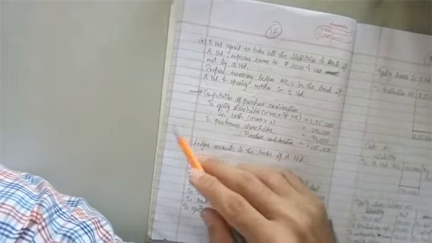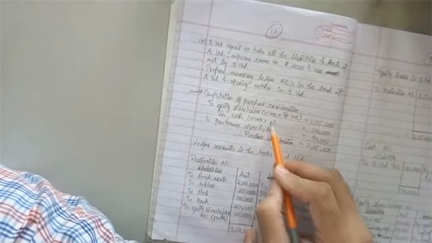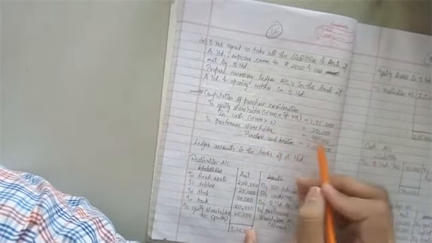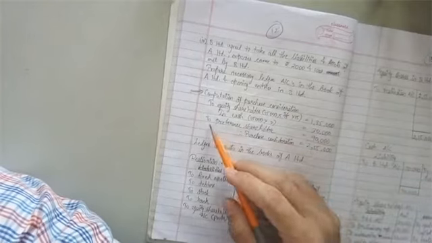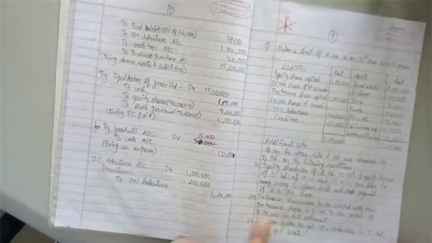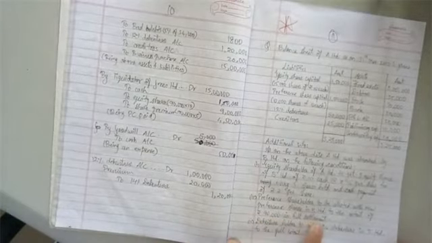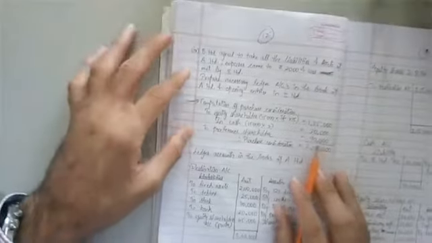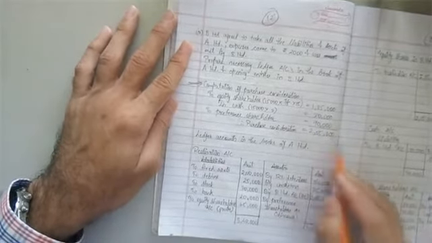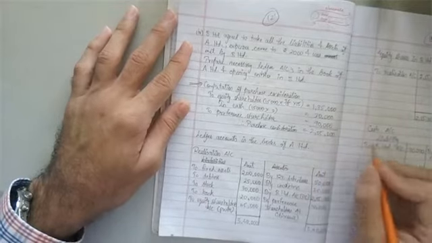Also, cash was given at 2 rupees for every share: 15,000 shares into 2 rupees per share is 30,000. For the preference shareholders, a lump sum amount of 90,000 in full settlement, so no calculation here. The total consideration will be 2,55,000. This is the purchase consideration we have found.